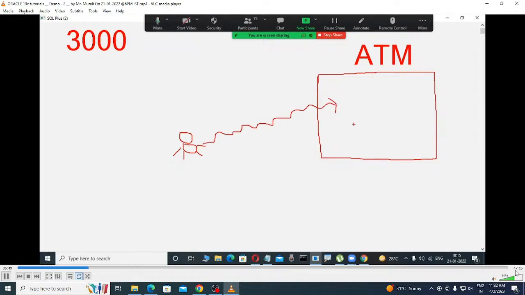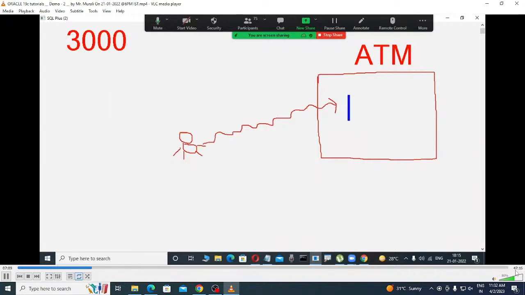I insert the ATM card, and it asks for a PIN number. I'm not checking the balance, for example. But my balance is 3,000 rupees presently in my account. Now I decided to withdraw some amount.